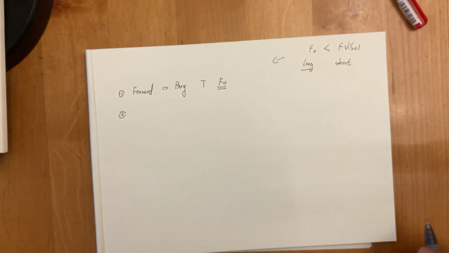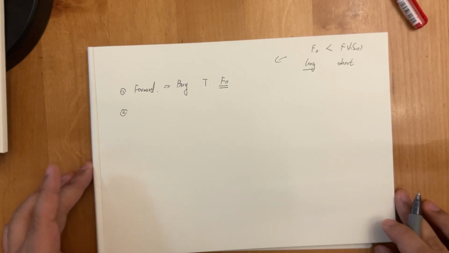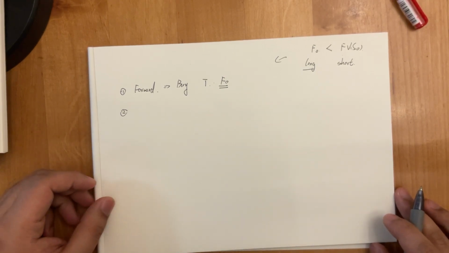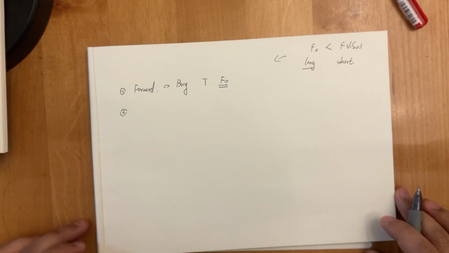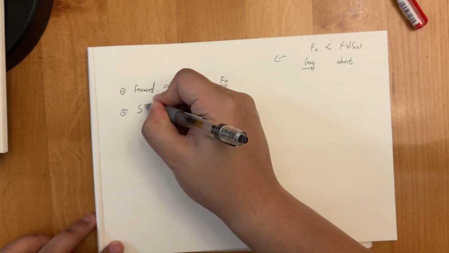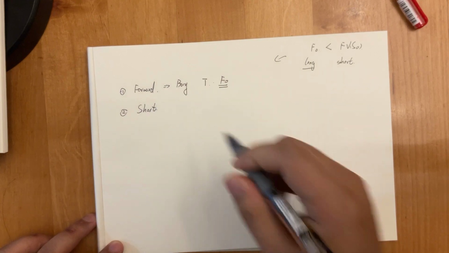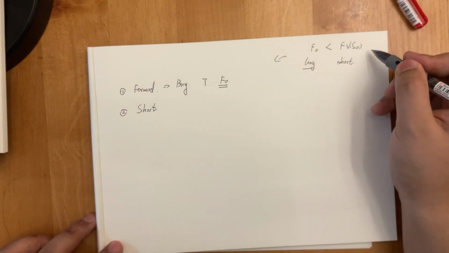And since you have to buy that specific asset, you are going to need that amount of money to buy the asset. So how to get that amount of money? Pretty simple. Right now, you just need to short this specific underlying asset.